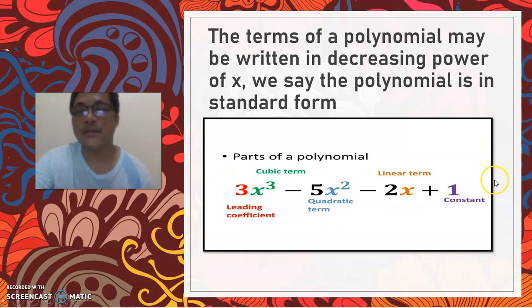This example is already written in standard form. Why? Because the exponents are written in decreasing or descending order. Look, 3, 2, 1, constant.